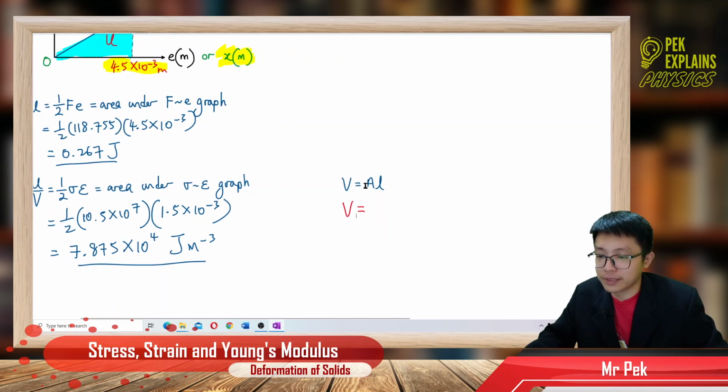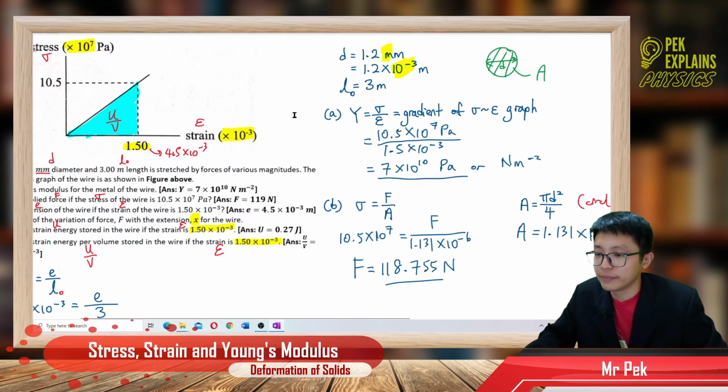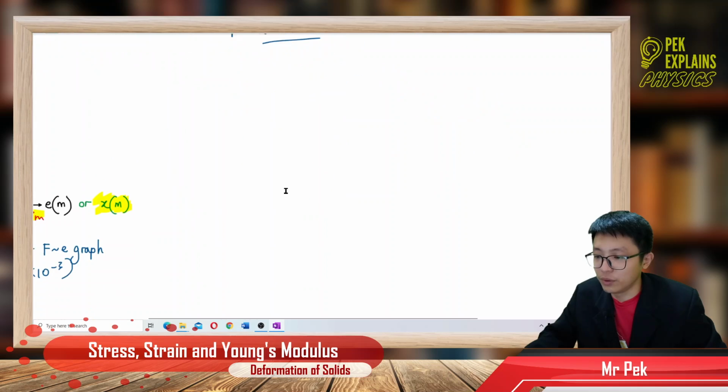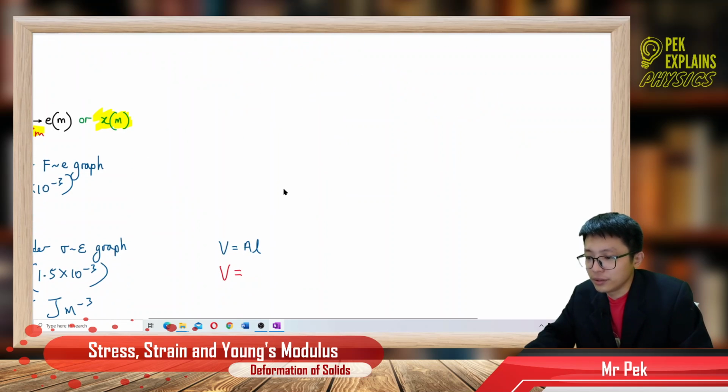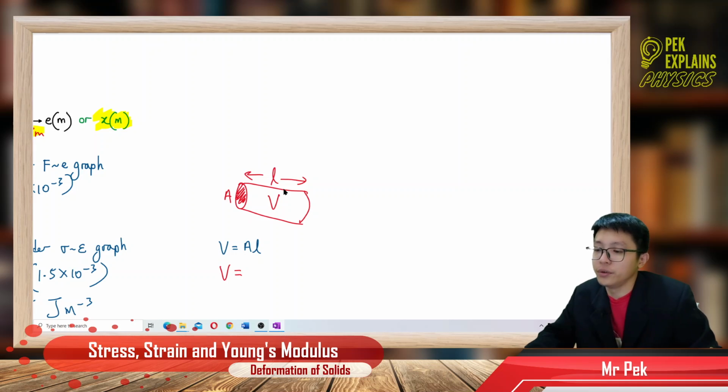Volume is area times length, isn't it? For the wire, this is the area, and this is the length. So area times length is the volume.